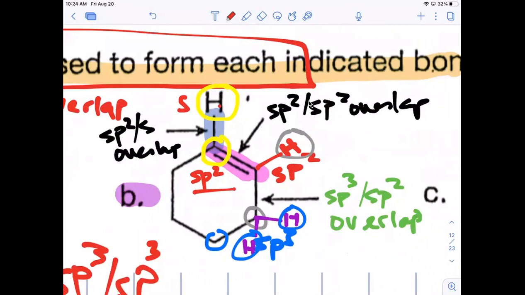That's the first thing I asked at the very beginning of class. Orbital overlap. So in order for that H to bond with that carbon, the s orbital on the hydrogen has to overlap with one of the sp2 orbitals on carbon. So that's why we say that it's sp2-s overlap. Okay, thank you.